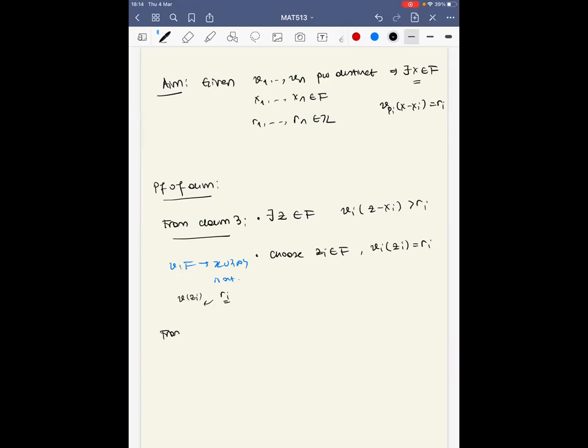Again from claim 3, not claim 3 by the way, step 3. We also know that there's a function z prime minus this zi's, given zi's, has valuation bigger than ri.